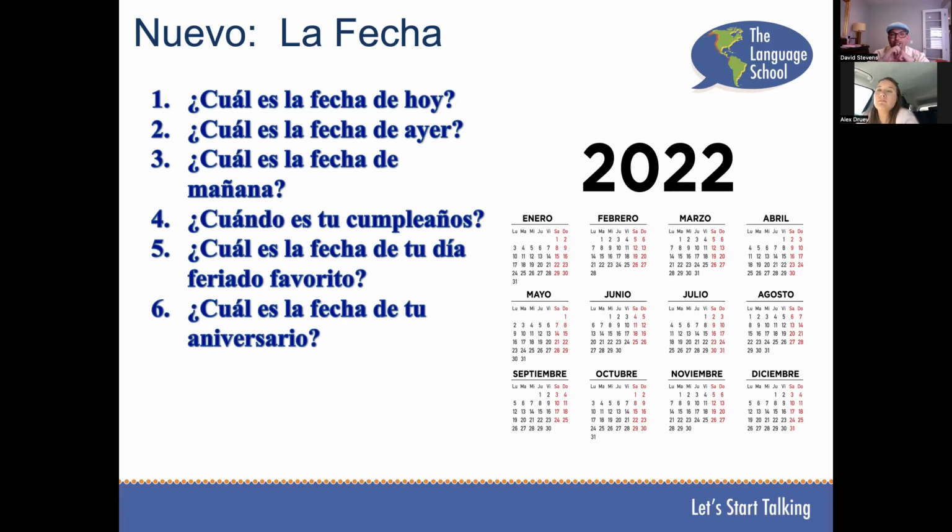¿Cuándo es tu cumpleaños? ¿Qué significa cumpleaños? Cumpleaños is your birthday. Oh, cumpleaños es el 23 de junio. Sí, 2 semanas. Muy bien. ¿Cuál es la fecha de tu día feriado favorito?